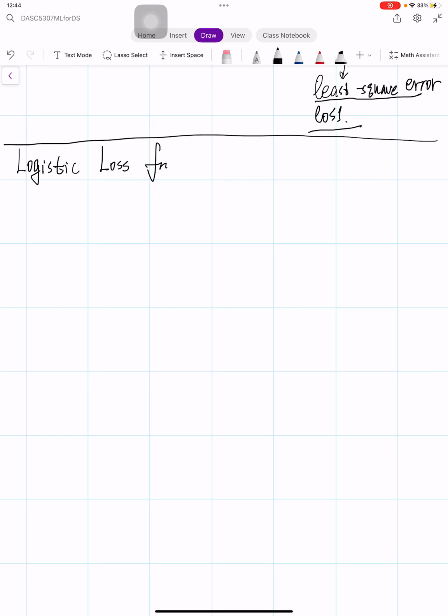Actually, it's also from the maximum likelihood. So now the question is, what cost function should we use for probabilities?